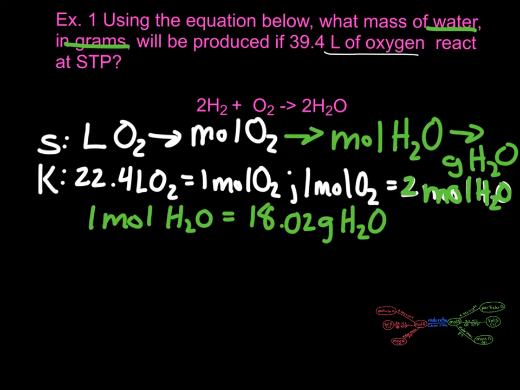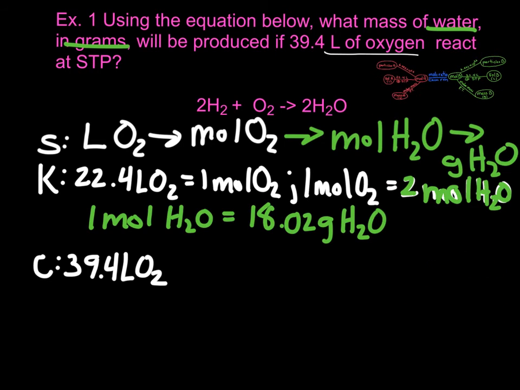Now we're ready for our calculation. We always start with our given value and unit. So we're going to start with 39.4 liters of oxygen. Let me move our map out of the way. We want to get rid of liters, so liters of oxygen are going to go on the bottom, and we'll go to moles of oxygen.